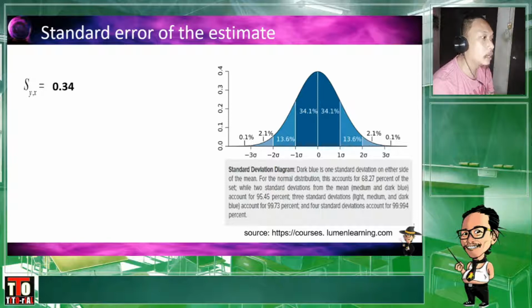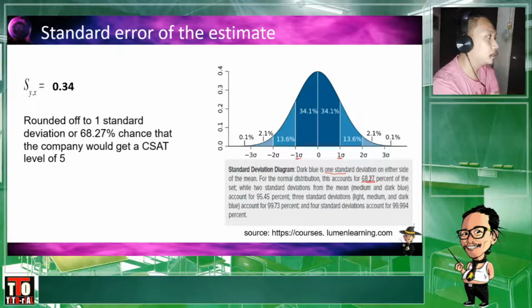Ang sinasabi kasi dito, for normal distribution, pagka 1 standard deviation, it accounts for 68.27%. So, since 0.34, pinakamalapit na siya sa a standard deviation of 1 on either side, whether positive or negative.